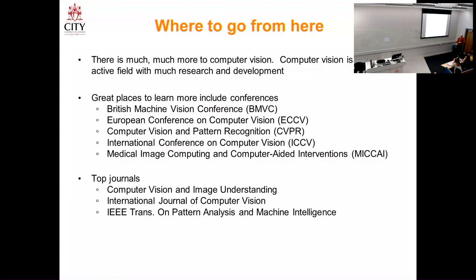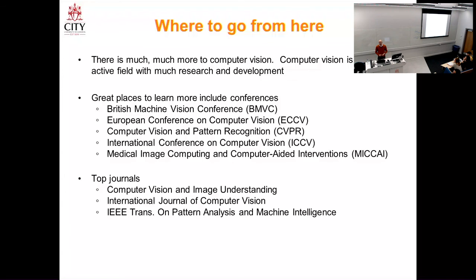So where to go from here? If you've enjoyed computer vision in this module, well, there's a lot more to be said. There's a lot more to learn. Computer vision is really a very active field. There's lots of research and development. The biggest conferences are really the place to go for the state of the art, to see where things are going. So here in the UK, there's a conference called the British Machine Vision Conference, and it's held yearly, and it's pretty easy to get to because it's always in the UK.